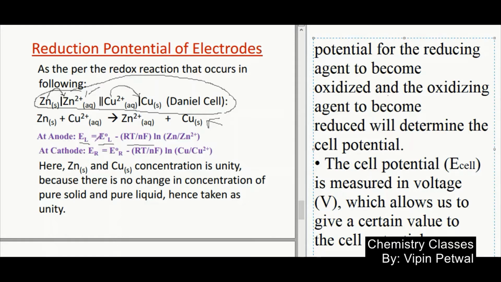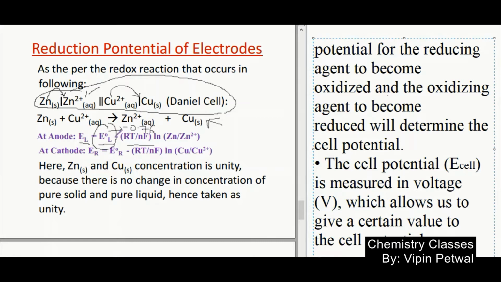Okay, left electrode was zinc. So its electrode potential can be determined by using its standard value, which was how much? Do you remember? It was minus 0.76.